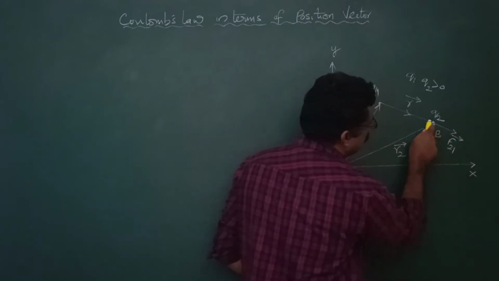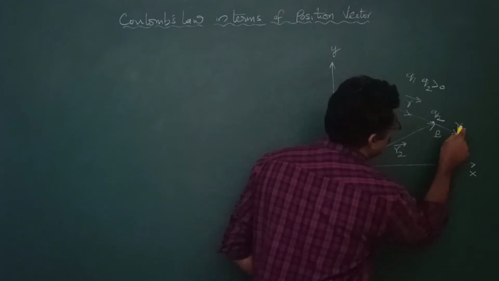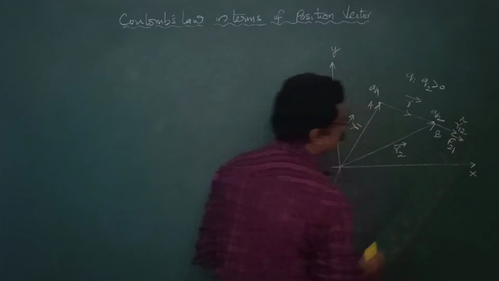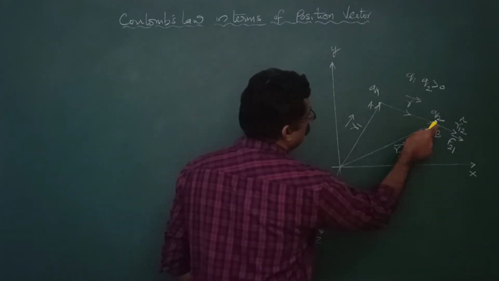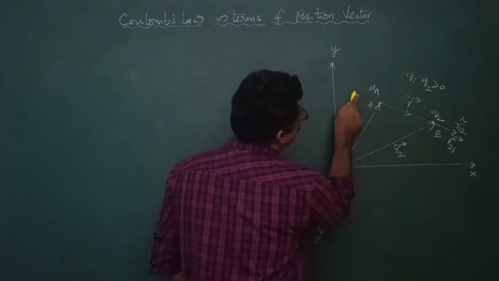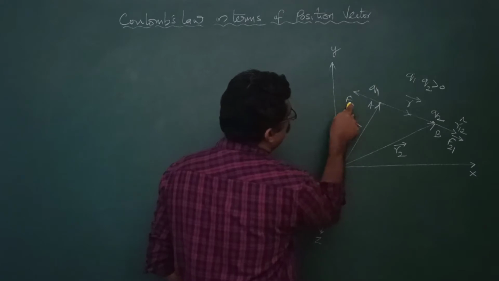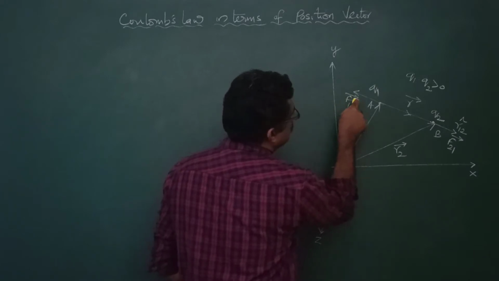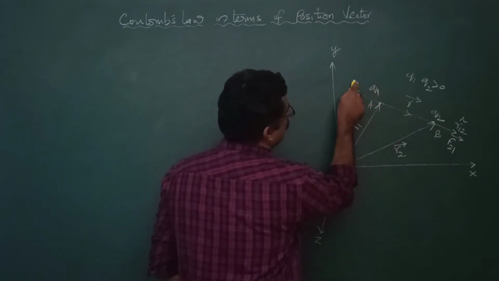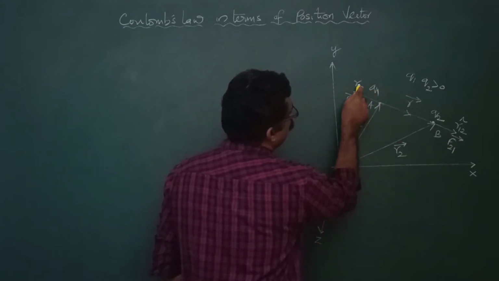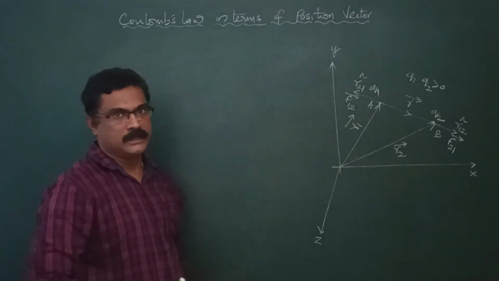The direction is from q1 to q2, so it is r12 cap. Similarly, the force on q1 due to q2 is in this direction, that is f12 vector, and its direction is from q2 to q1. You can take this as r21 cap. Okay, this we have already learned.